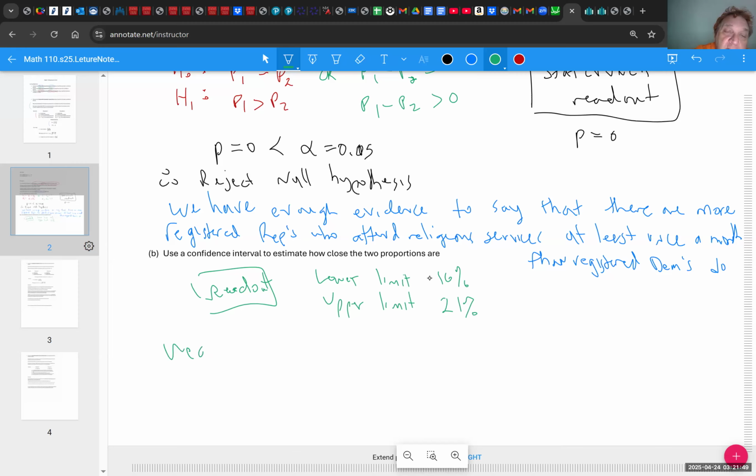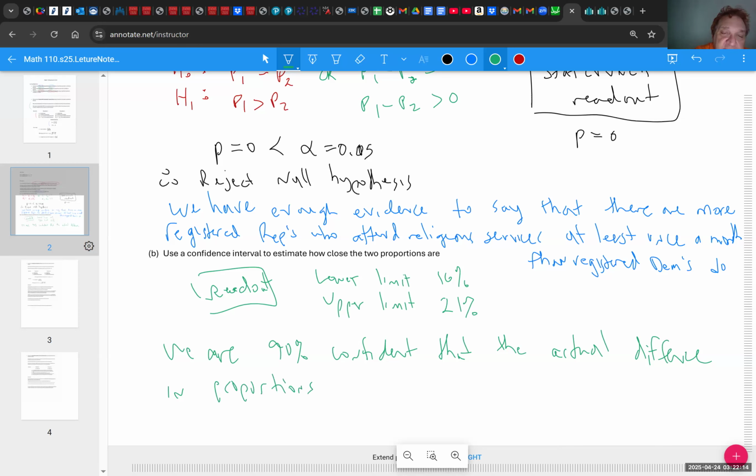So we are 90% confident that the actual difference in proportions, and this is between the registered Republicans and registered Democrats.